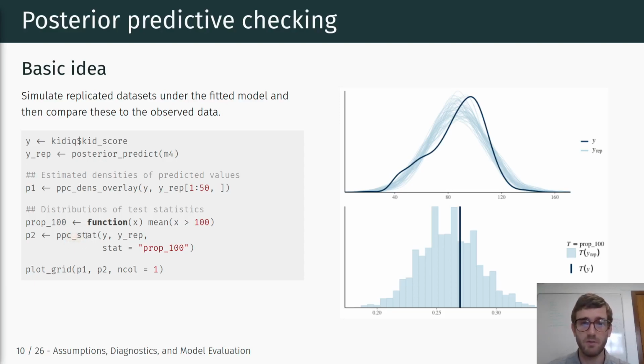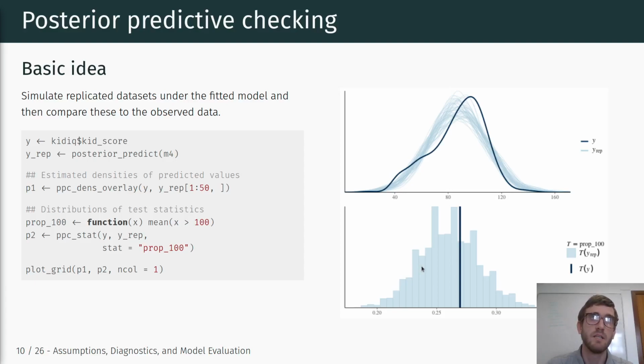we can plot this directly using PPC stat. This is again part of the bayesplot package, and the result is on the bottom half, and we see the vertical line that indicates the actual observed test statistic. In our data about 27% of the kids scored above 100 on this specific test score, and under our assumed model, based on our posterior predictions, we can see that this is quite within the range of what we would expect.